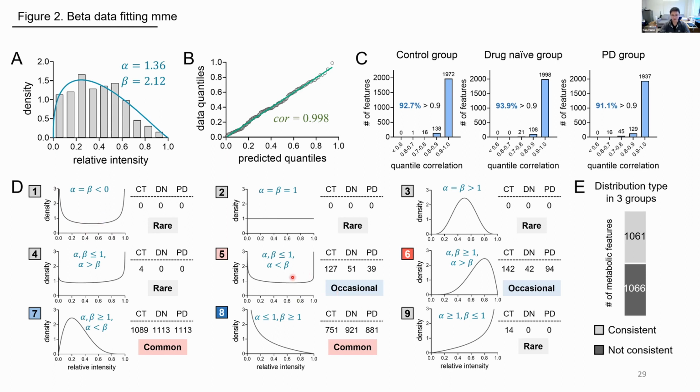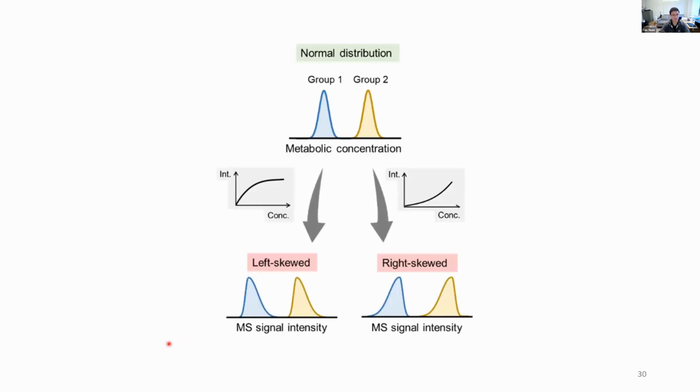But some of them are occasional, like where a few of them have high intensity but none of them have low intensity, or this type of right skewed data. Several hundred features will have this type of data distribution. On the other side, we do have left skewed and this type of distribution for most of the metabolic features, and those are the more common data distributions.